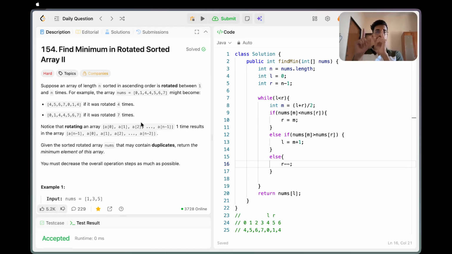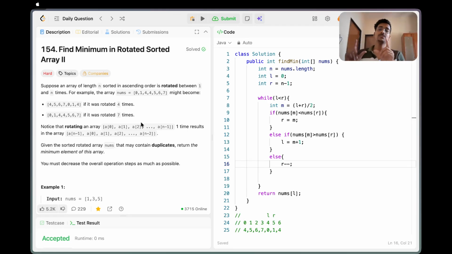Then again we will have the mid over here, and again shift over it. This is the left, this is the right, and check which scenario mid is in. Let's say mid is greater than the value at the right pointer, that means the value lies in this range, so I will update left to mid plus 1.